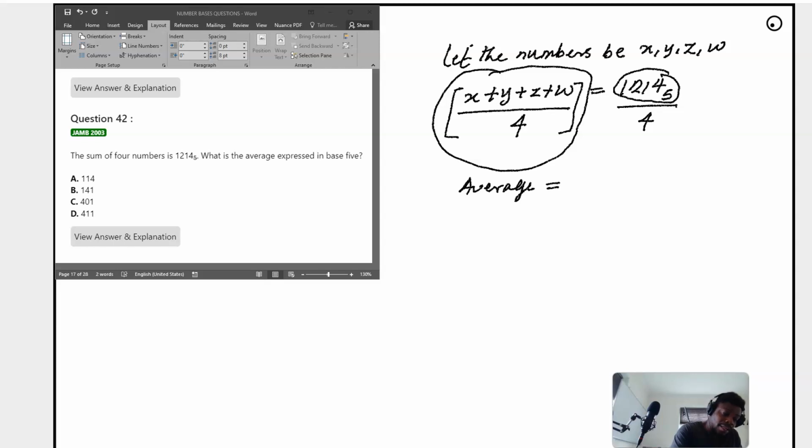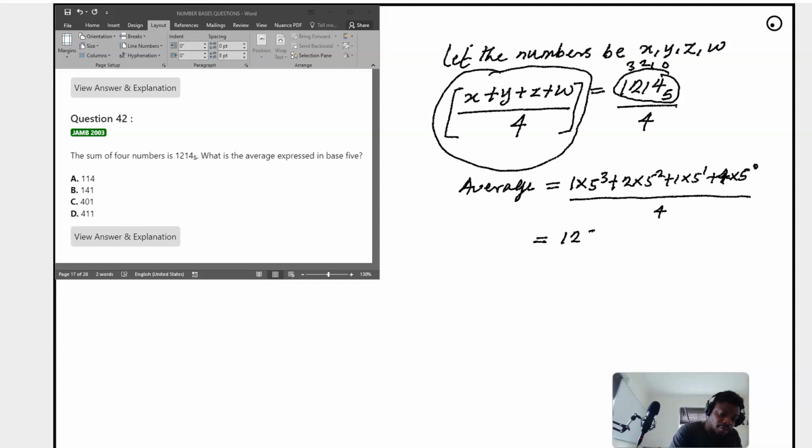Let's convert to base 10. Okay, so that will be 1 times 5 raised to 3 plus 2 times 5 raised to 2 plus 1 times 5 raised to 1 plus 4 times 5 raised to 0, divided by 4.